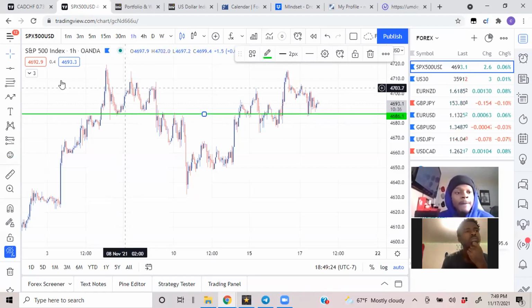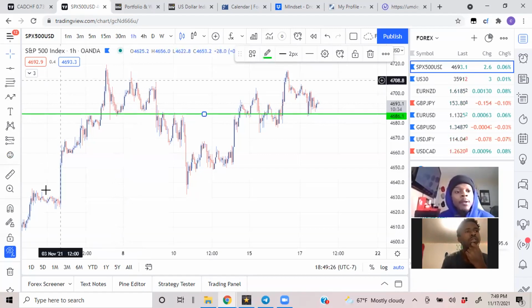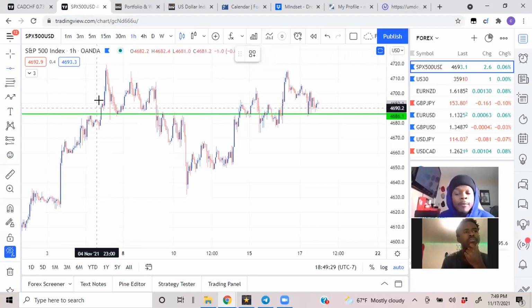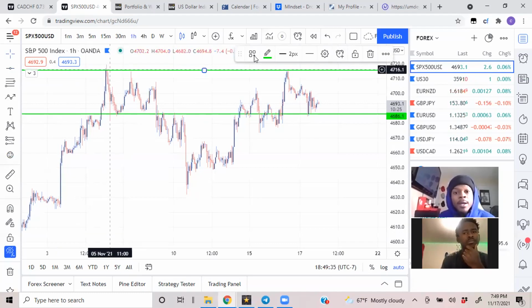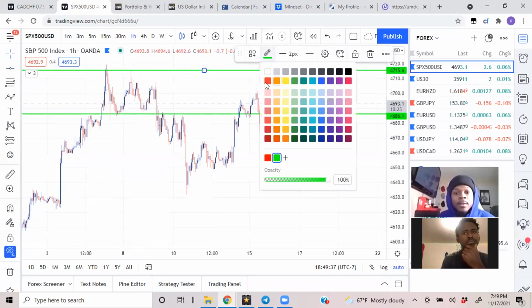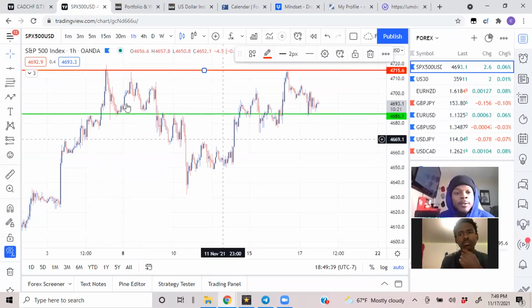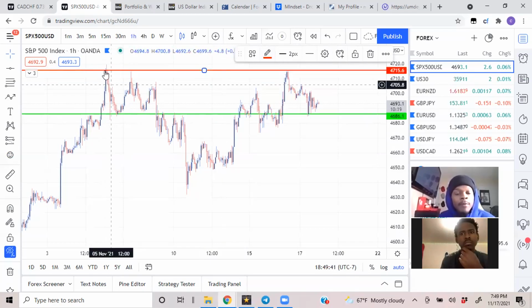Let's look at before then. The market was buying up a lot way before then, like a whole lot. Then it finally got up to a peak, and now we see a continuous sell-off of candles. Since it has reached its peak, the market is selling off a lot.